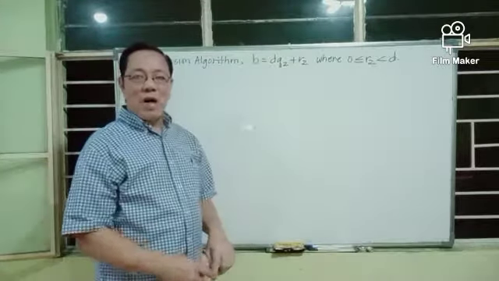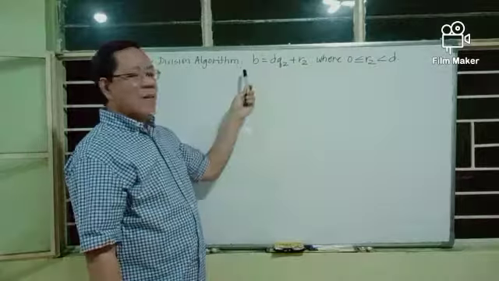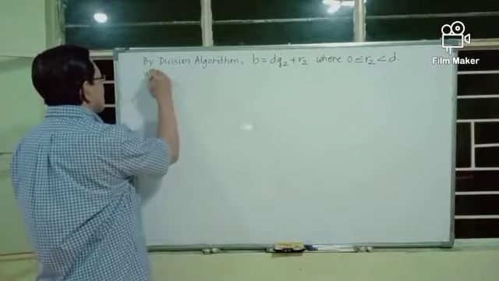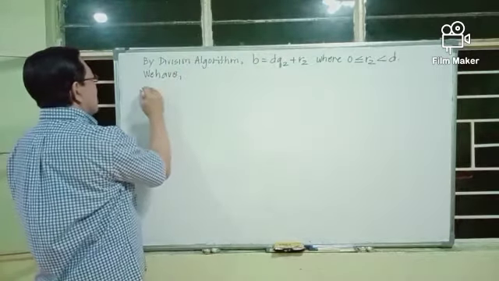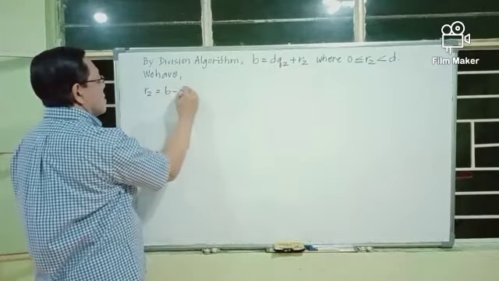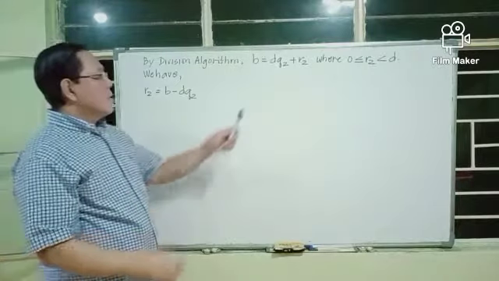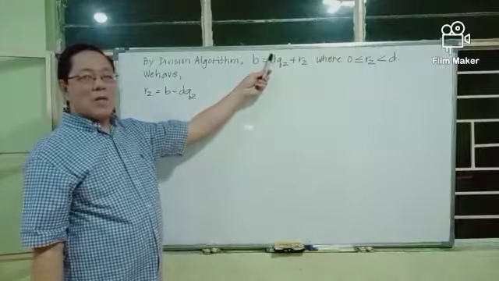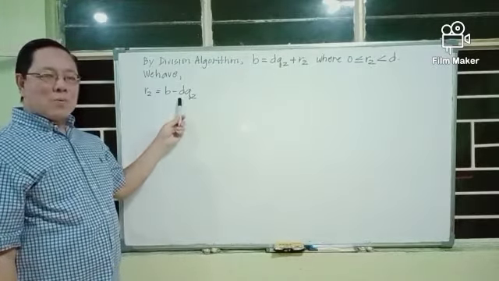Again, we solve for R2 from this equation by transposing DQ2 to the left-hand side. R2 now is equal to B. Transpose DQ2 to the left-hand side, you get B minus DQ2.